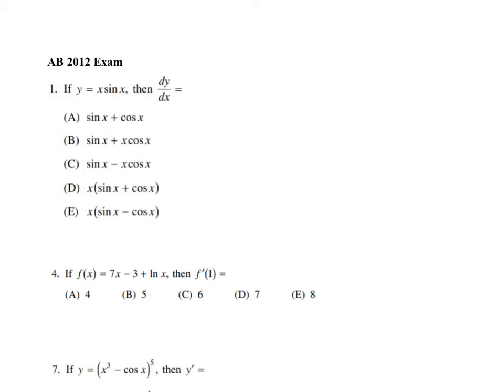So this very first one from the AB exam in 2012 is just the product rule. So if you remember the general product rule, if you have, let's say, f of x multiplied by g of x, the derivative is equal to the first function times the derivative of the second plus the derivative of the first times the second, and you could flip this around, which often I'll do.